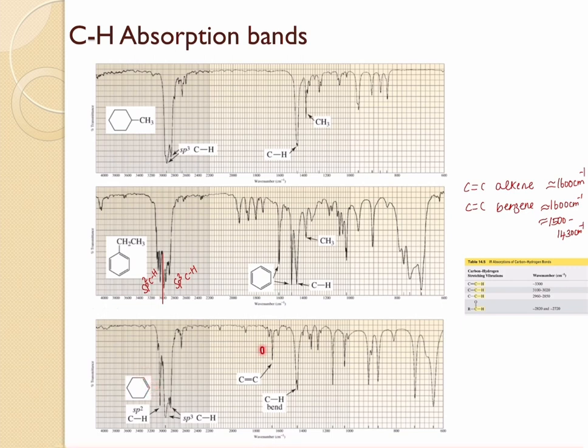This carbon-carbon double bond is going to show up at 1600. But between these two, there is a clear difference. While this peak is strong and intense, the intensity of this is medium. So by this, you can clearly distinguish between the carbon-carbon double bond in an alkene and the carbon-carbon double bond in a benzene.